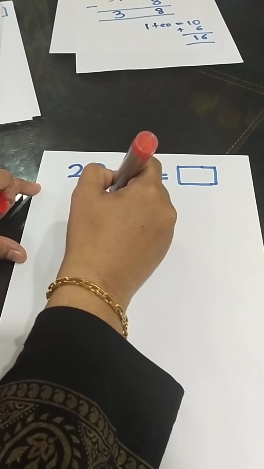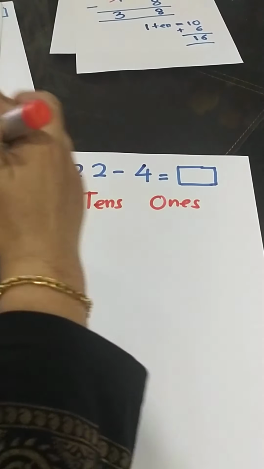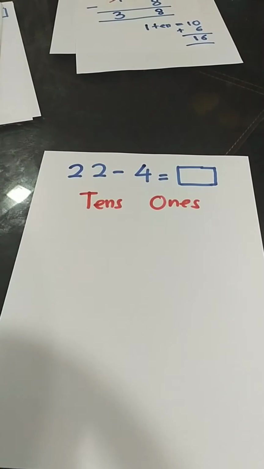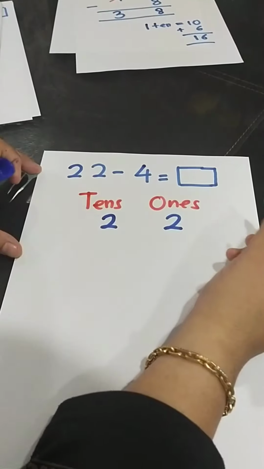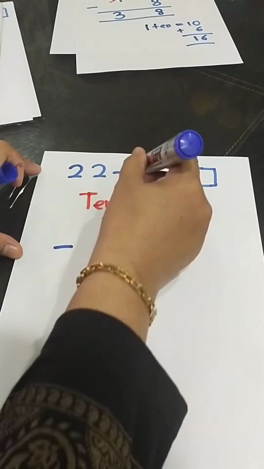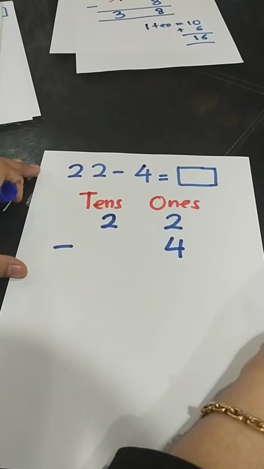Tens, ones. Now, we put the number to the place value. 22, 2 tens, 2 ones. Minus 4. 4 is one digit, so we put at ones.